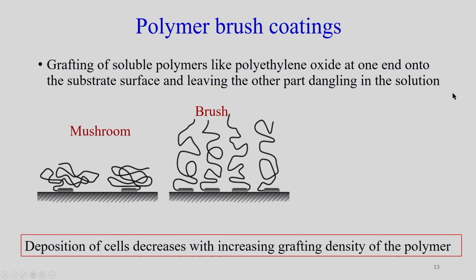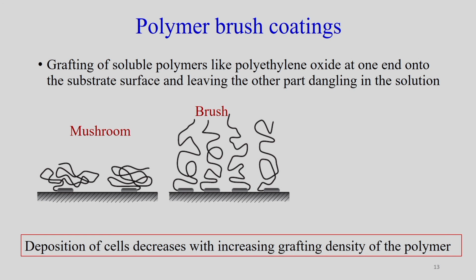So, another aspect is if you can graft soluble polymers like polyethylene oxide, which at one end is attached to the surface and the other end will be in the solution, which is going to interact with the bacterial cells.